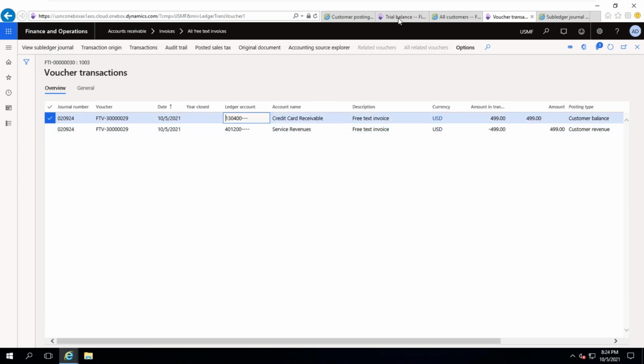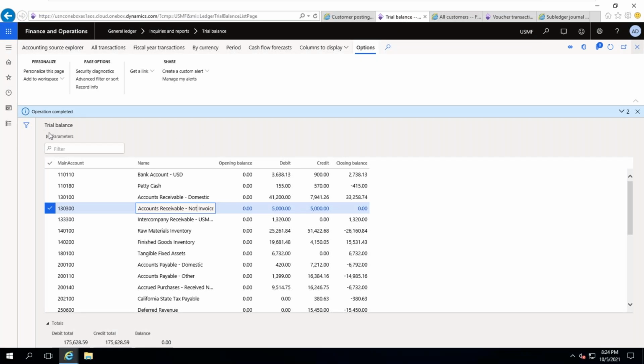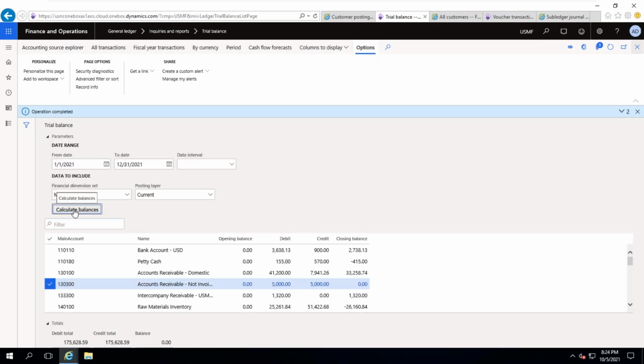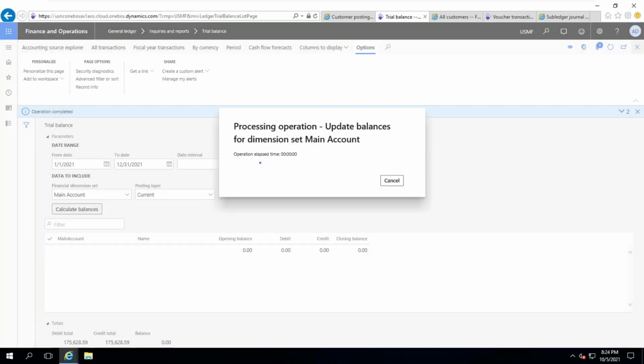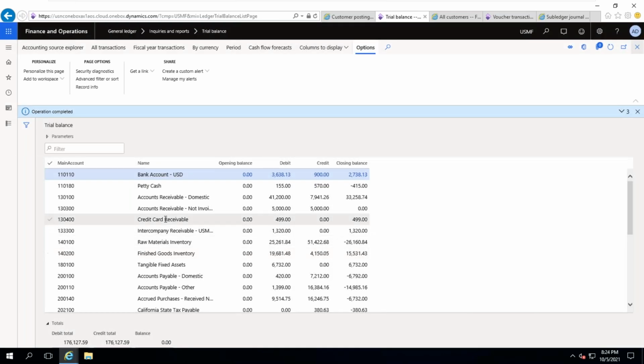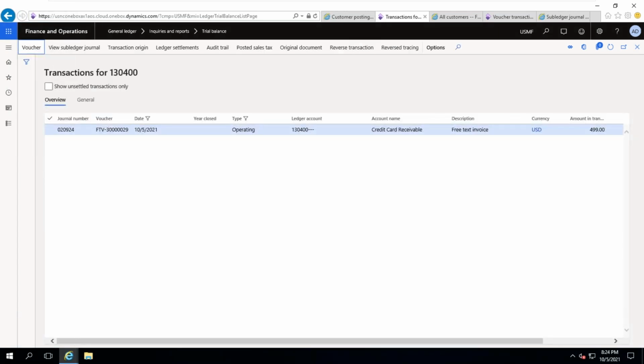Even if you verify the trial balance, calculate update, calculate balances, it will post to 130400. Of course, leave it, but the name, whatever it is there. Got it?